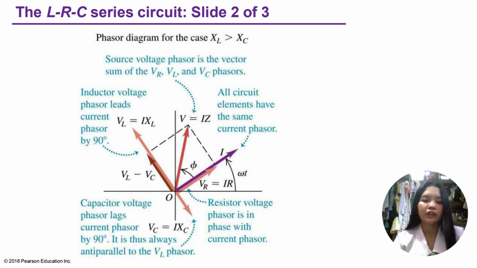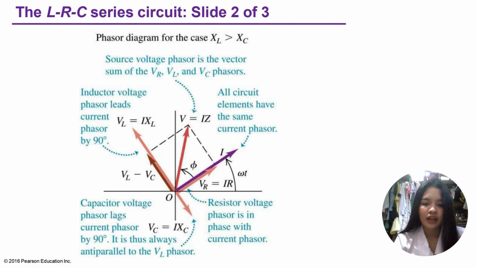Here, the phasor diagram for the LRC series circuit provides a valuable tool for visualizing the voltage and current relationships. In this case, we assume that the inductive reactance X_L is greater than the capacitive reactance, indicated here as X sub C. So the source voltage phasor is the vector sum of the voltage phasors across the resistor, inductor, and capacitor.